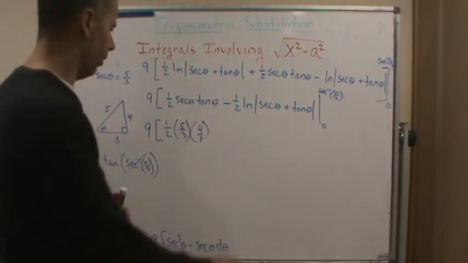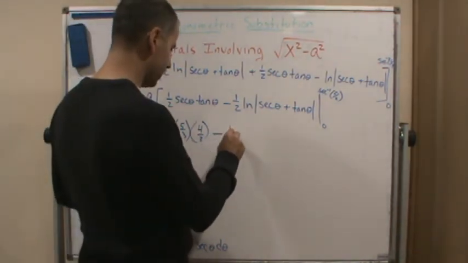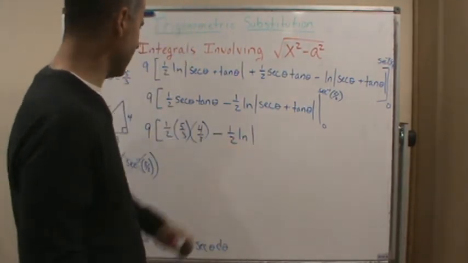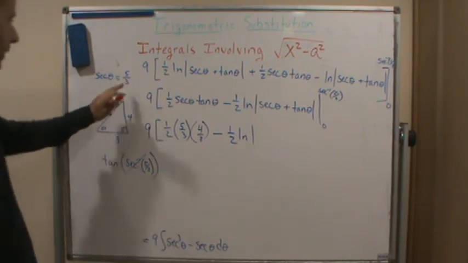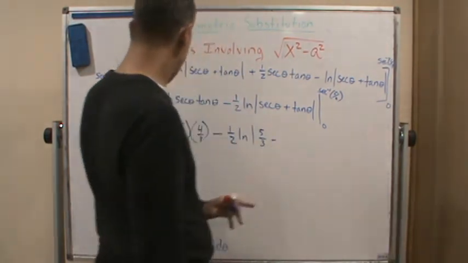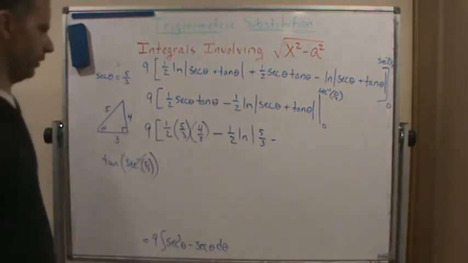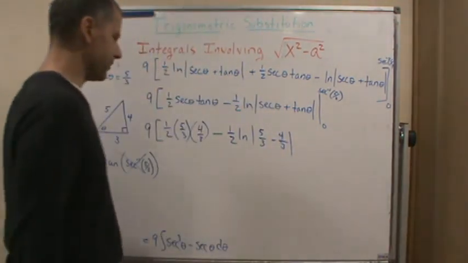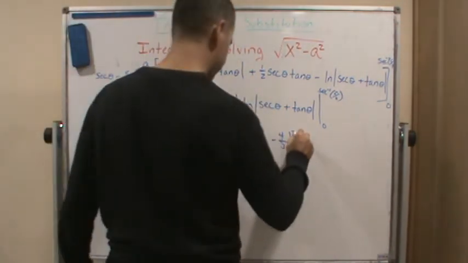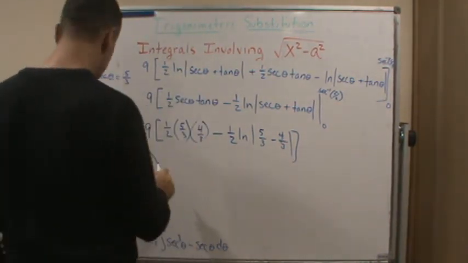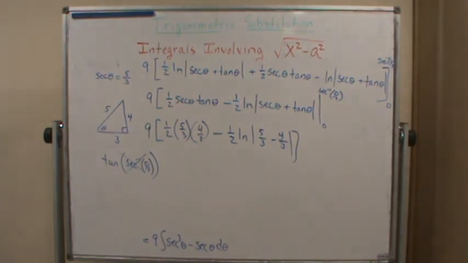Okay, now let's do minus 1/2 times the natural log of the absolute value. Now, again, secant theta, we already know, it's 5/3. Minus tangent of theta, well, we already know that. It's 4/3. Okay, so this is not bad. So now, this is going to be 1/3. So we can drop the absolute value sign.